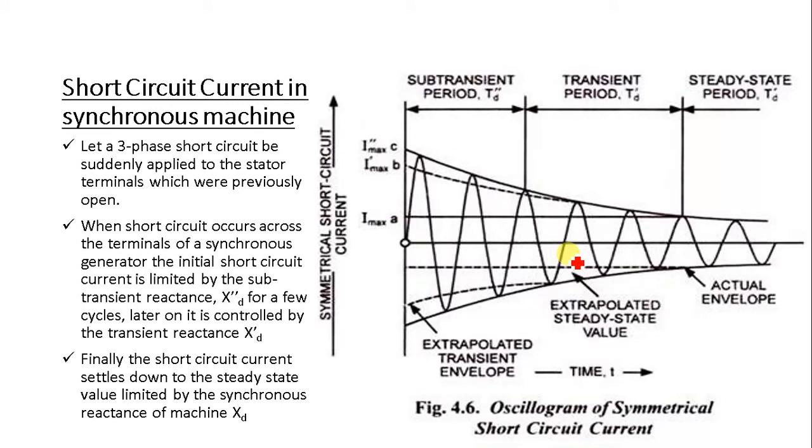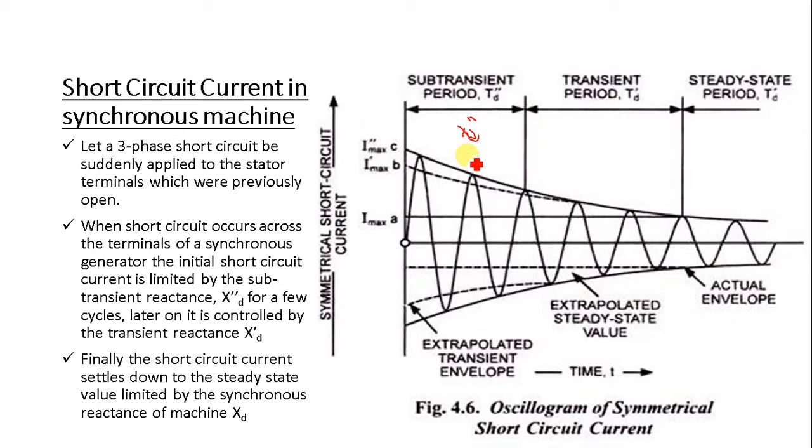So we can say the short circuit current can be divided into three parts. The initial part will be the subtransient period, when the current is very large. Here you can see the value of current is very large, as the machine offers only the subtransient reactance, that is XD double dash.